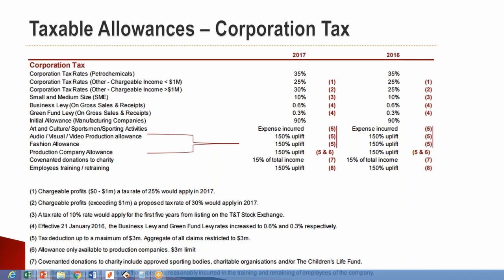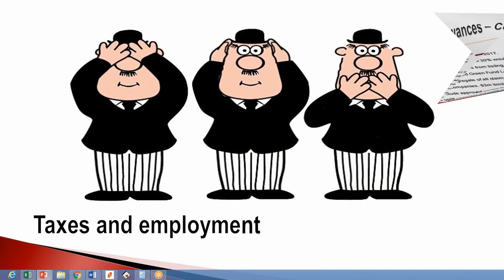If you're limited liability, you have certain fashion allowances that you can take. You have certain audiovisual production activities that you can take, which will be relevant to you. When we say 150% uplift, what we mean is that if I spend $100, I can claim $150 by upliftment. All right. We won't get too much into this, but I'll come back to it in a little bit, and we'll talk in more detail when we get down to the individual, because I think our focus today is on you as an individual.